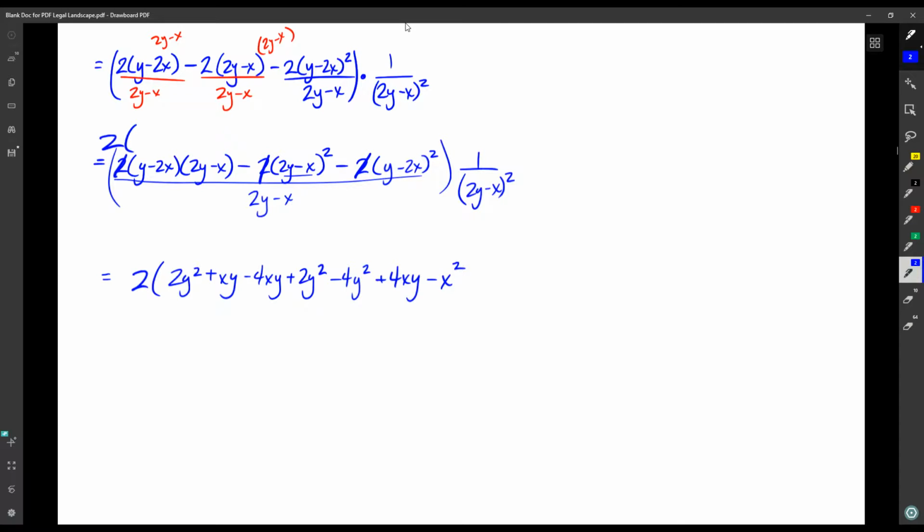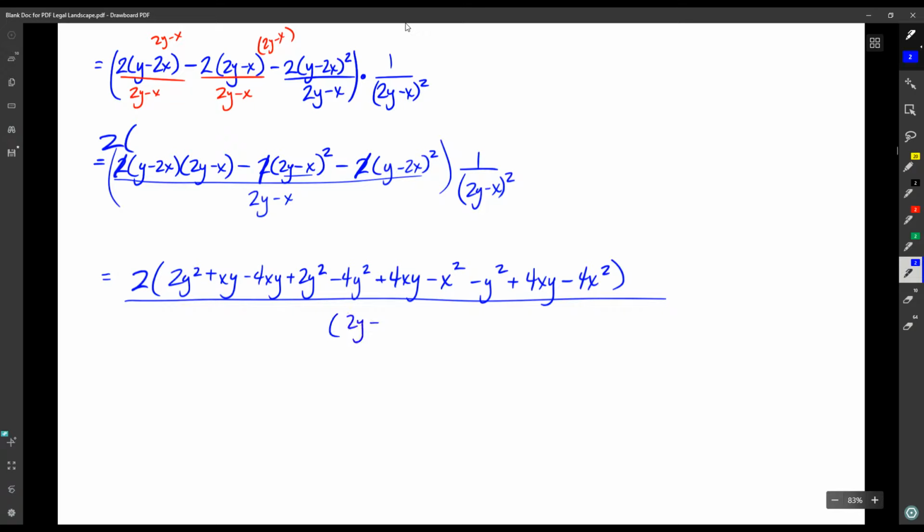And then a minus sign and expand the y minus 2x squared, minus y squared plus 4xy and 4x squared minus 4x squared, I believe. And then on the denominator now, I'm looking at 2y minus x quantity cubed because we got 1 here and 2 there. All right, does any of this help?